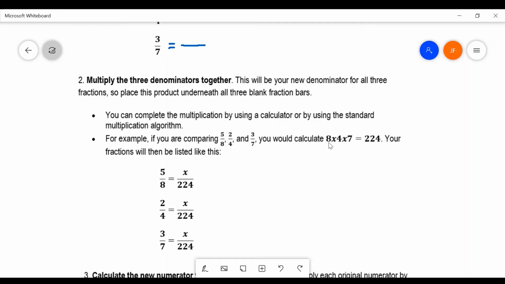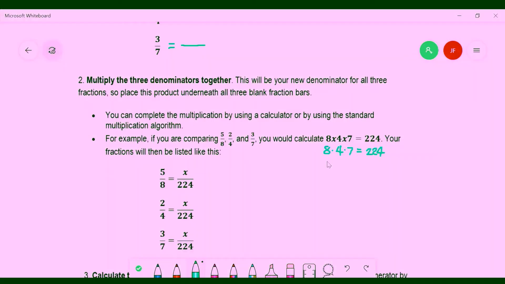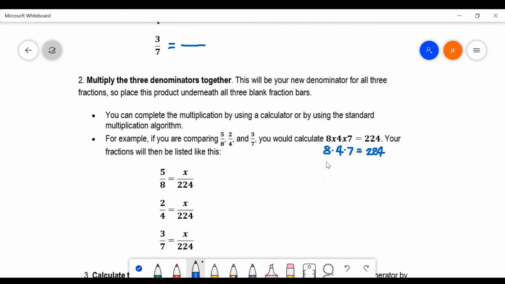Some reminders on this expression. Instead of using x as a multiplication, we can also write this using dots. So this can be 8 times 4 times 7 is equal to 224. Or we can opt to write this using parentheses or grouping symbols.